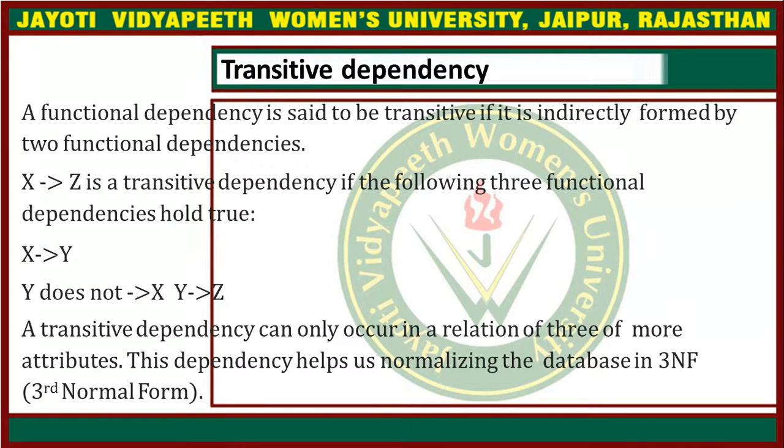Now the next one is the transitive dependencies. A functional dependency is said to be transitive if it is indirectly formed by two functional dependencies.